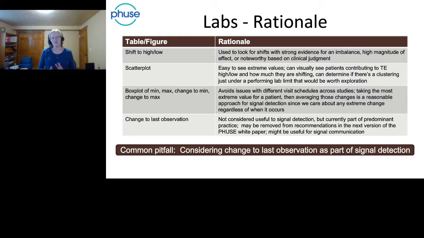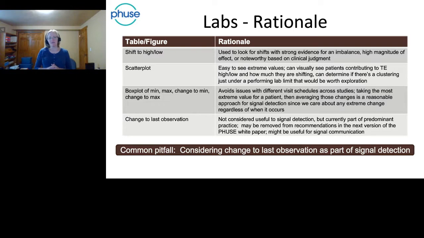However, we kind of have it in the recommendations because we're just too scared that if it's not included in your safety package, somebody is going to ask for it, somebody's going to expect it. So while we're in this transition to try to educate people on how it doesn't really help, we might need to still do it just so you don't create a situation where you have to create it as part of a regulatory response.